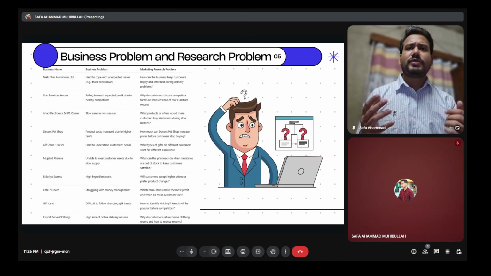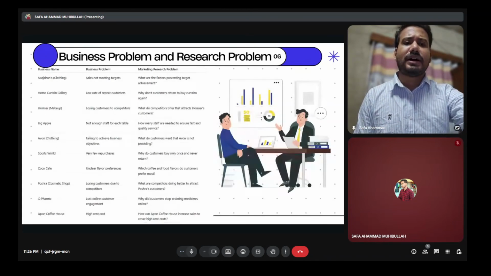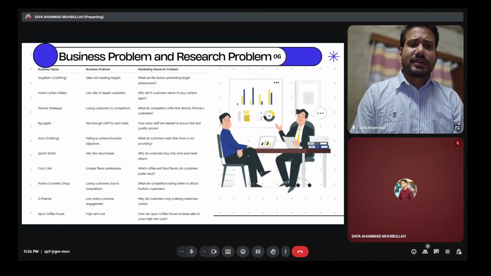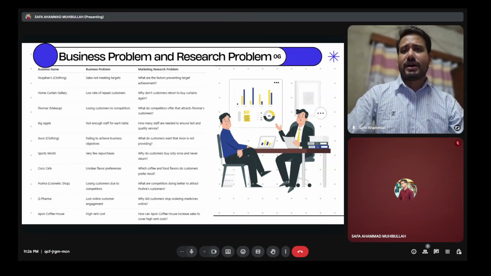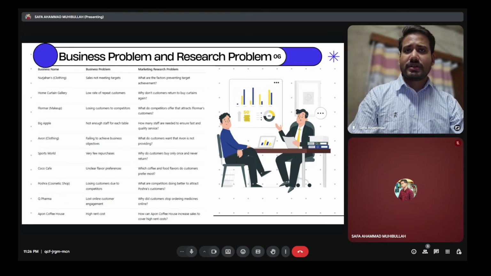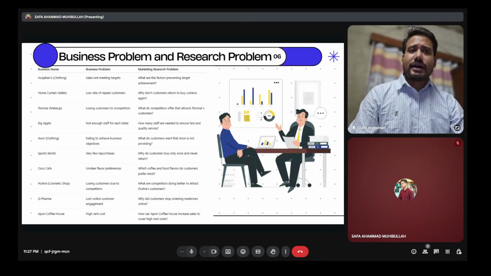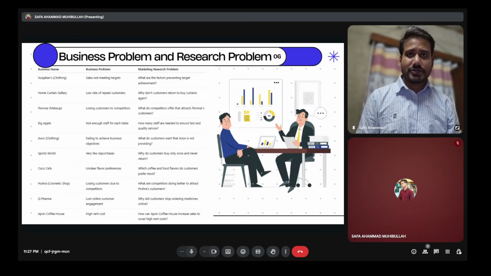So moving on to the next slide, here are the rest of the 20 businesses and their challenges. Nurjahan's clothing, their problem is that they cannot match their sales target. So the research problem I made is what are the factors preventing target achievement? And there are also other business names, sorry, Home Garden Gallery.